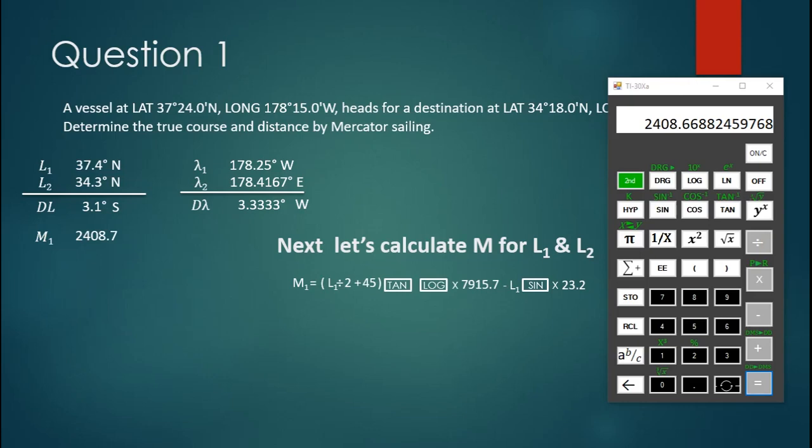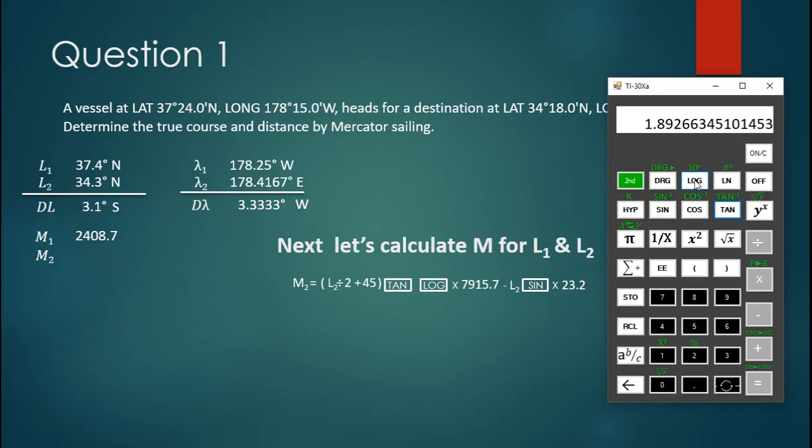And let's calculate it for M2 real quick. 34.3. So let's start our parentheses. 34.3 divided by 2 plus 45. Close your parentheses.